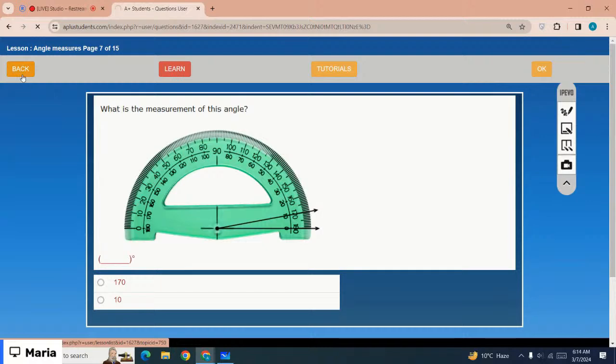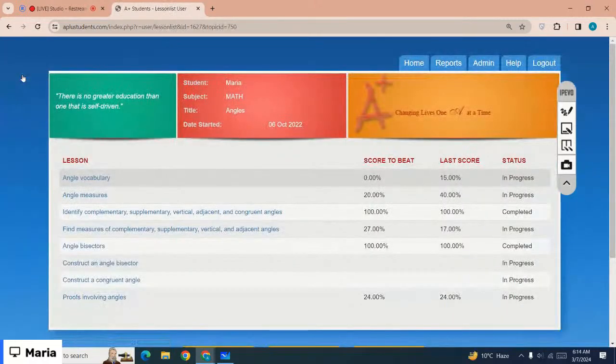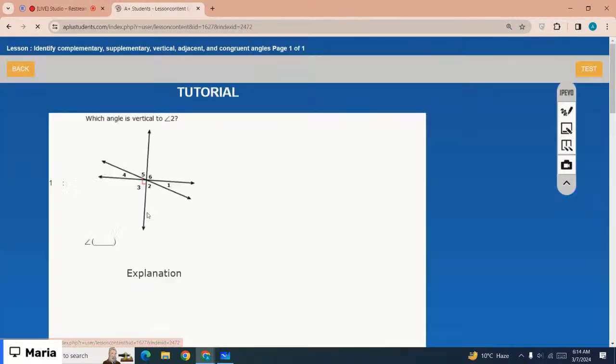And the next lesson is identify complementary, supplementary, vertical, adjacent, and congruent angles. Okay, which angle is vertical to angle 2?